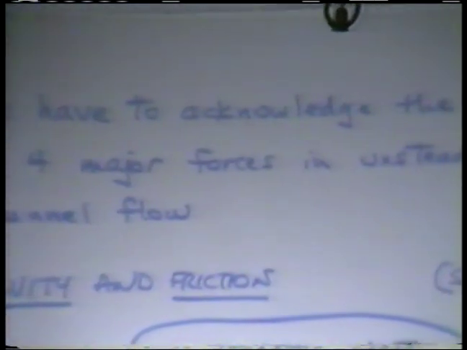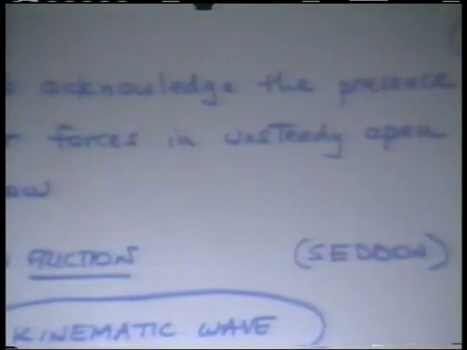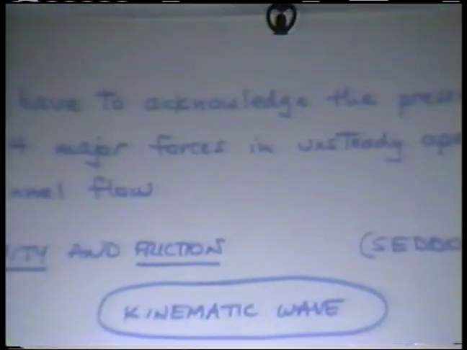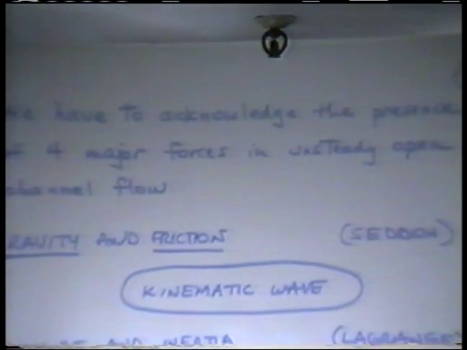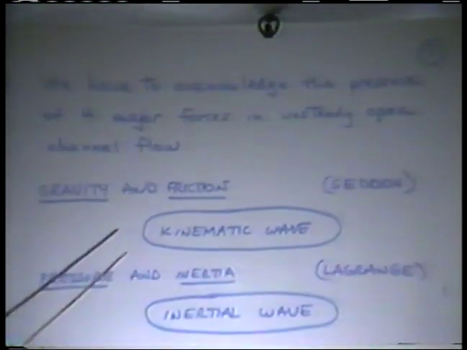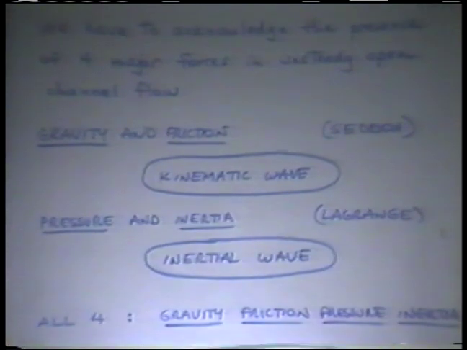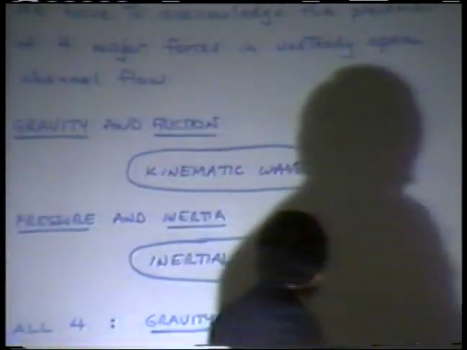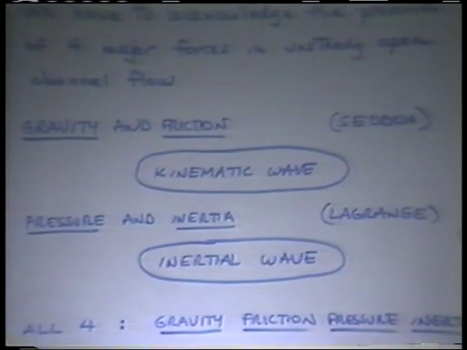Okay, so by looking at the theory, we have to acknowledge that there are four major forces in this unsteady flow framework. These forces are the force of gravity, the force of friction, the force of pressure or the pressure gradient, and the force of inertia. Let me restate what I mean by that.